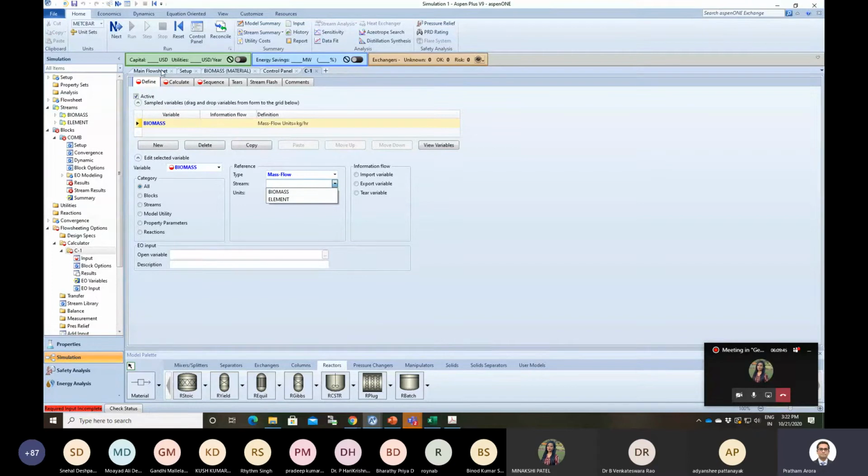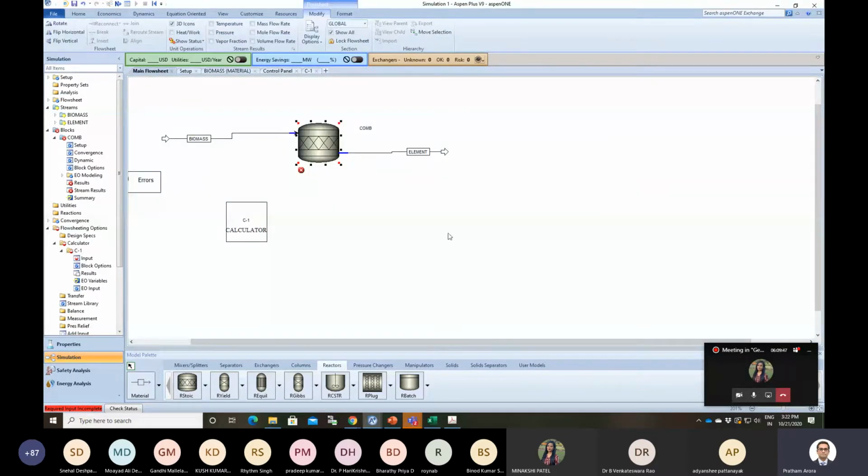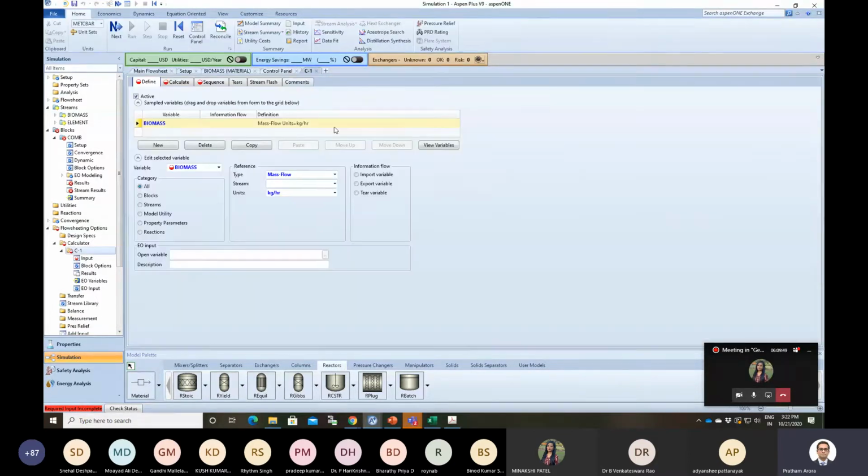There are just two streams available in this flow sheet, the biomass and the element. So the stream I would choose is biomass. Then the substream would be non-conventional since it's biomass, and the component would be biomass. This table is going to fetch me the value of biomass.